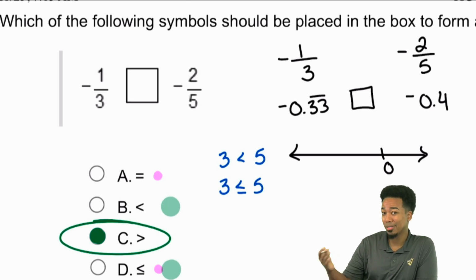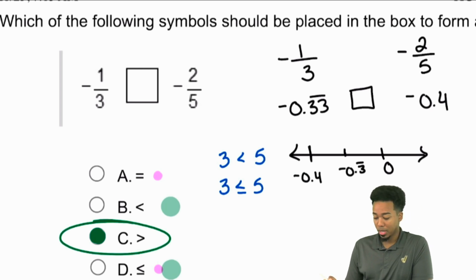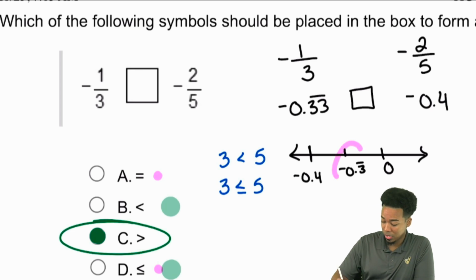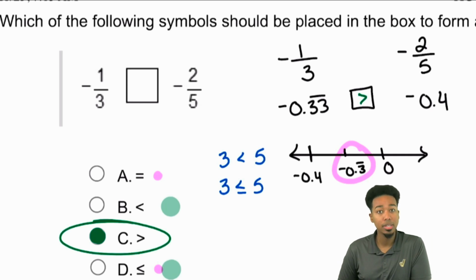When it's negative, it's the bigger looking number that's actually more negative. So negative 0.4 would be right here, and the 0.3 repeating, that'd be right here. Because this is to the right, negative 0.3 repeating is greater than negative 0.4. And there it is.